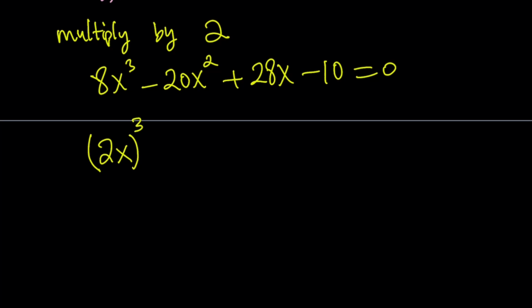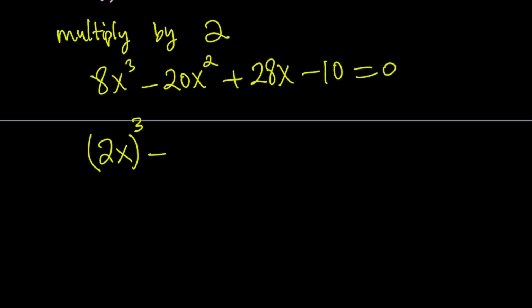But I want to continue in the same manner. So instead of having x as my variable, I want to have 2x as my variable. And I can achieve that because 20 is divisible by 4 and 28 is divisible by 2. Obviously by 4 as well, but I don't care. So I'm going to write this as 2x times 10, right?